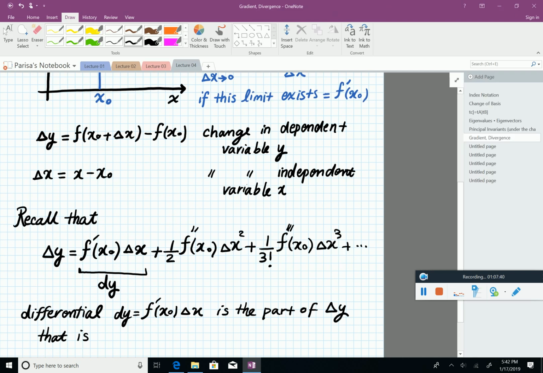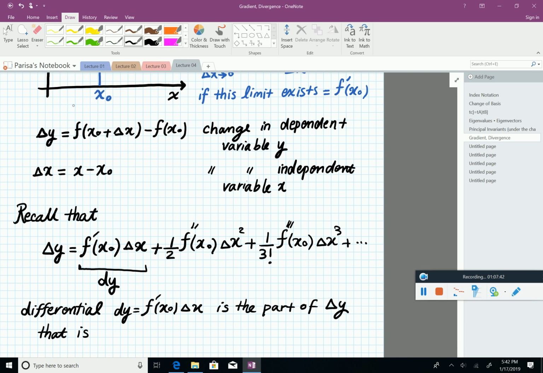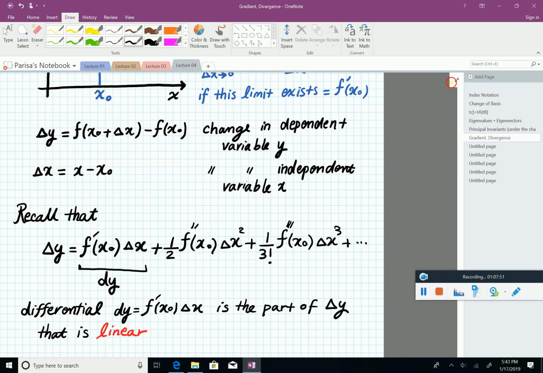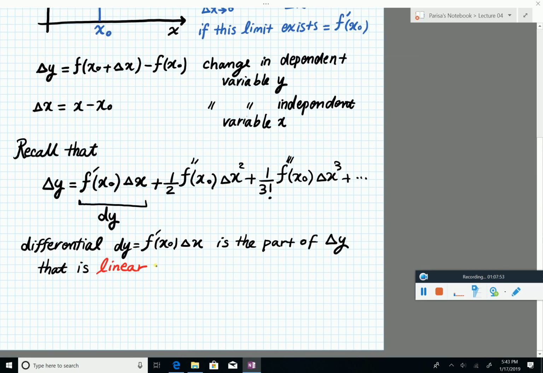I write this because this is important. Linear in delta x.